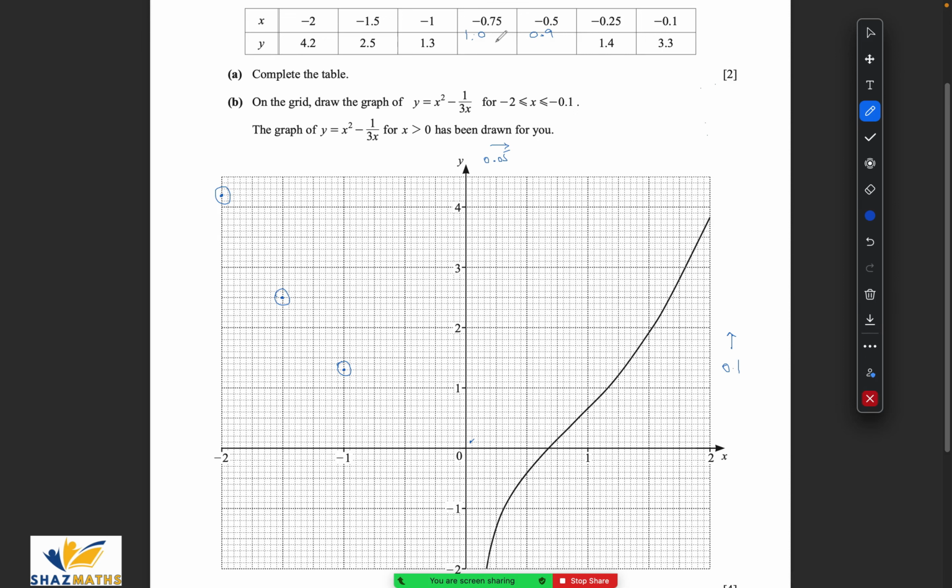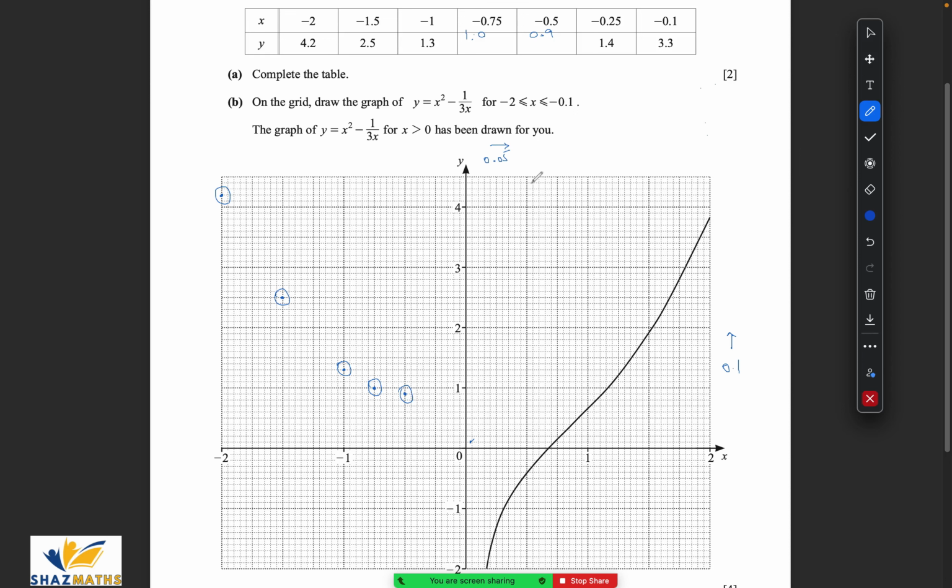At x equals -0.75, so -0.5, 0.75 would be here. y is 1. So exactly this one. At x equals -0.5, y is 0.9. So 0.9 is here.